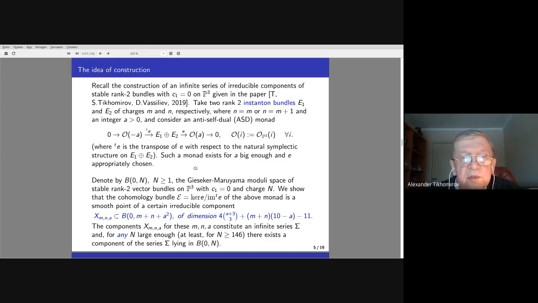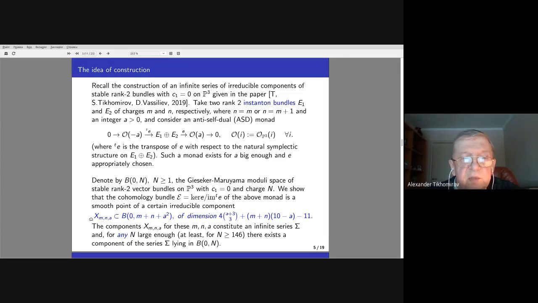Let me denote by B(0,N), N at least one, the Gieseker-Maruyama moduli space of rank 2 stable vector bundles on P3 with c1 equal to 0 and second Chern class this capital N. In that paper from 2019, we show that the cohomology bundle of this monad, which is the kernel of E modulo the image of E transpose, is a smooth point of a certain irreducible component.